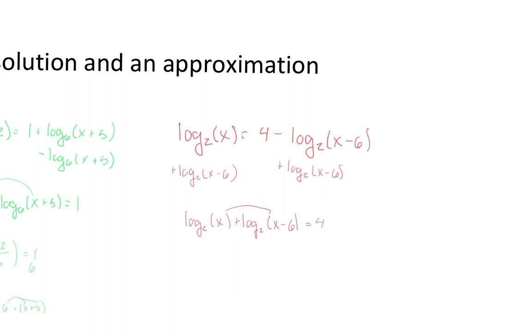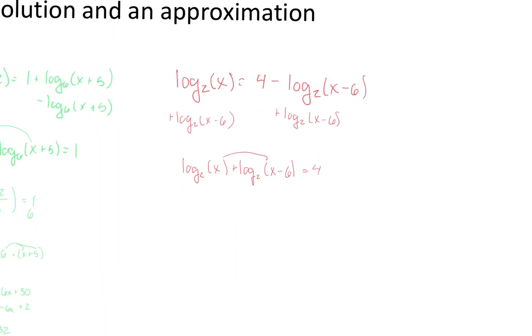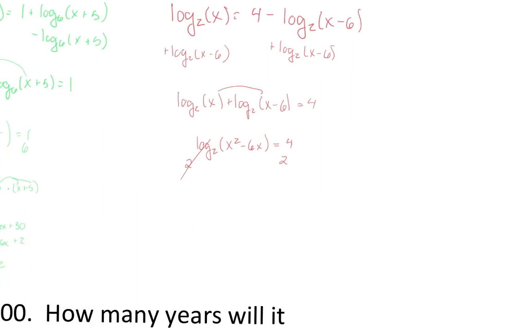Now these two can be combined into one log. I'm going to go ahead and do that and also distribute to get log 2 of x squared minus 6x is equal to 4. Now raising 2 to the power of both sides, get rid of this log. So x squared minus 6x is equal to 2 to the 4th, plugging that into the calculator, gives 16.